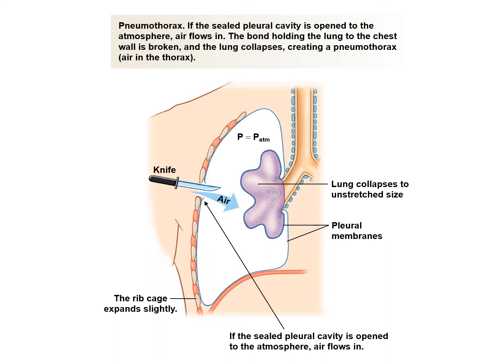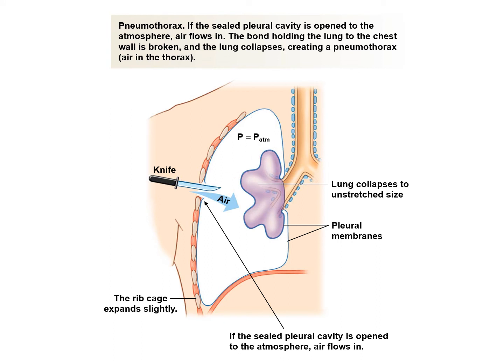It didn't even look like a bad cut, but it was a sucking chest wound. And what was happening is as he tried to inhale, he was bringing air in this way, and his lung wasn't inflating. Unfortunately, the nature of the wound also meant that the air was getting trapped. And so as he inhaled, more and more air was coming in, and the lung was getting increasingly collapsed.